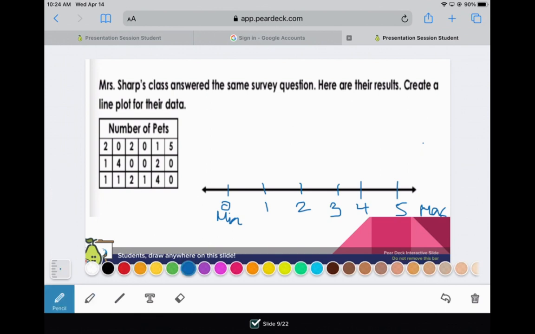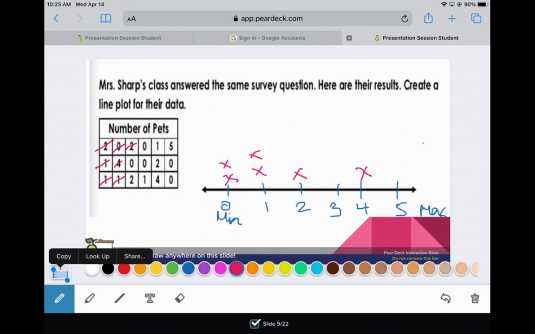I should use the X, right? The first one is 2. So there's 1, there's another 1. That's how I would do it. I'm counting. Think of this like the tally marks that you did for the frequency table. You count how many of each there are. For the 0, there's 1 zero, so I'm going to make 1 x. For the 4, there's 1 four, so I'll make another x.